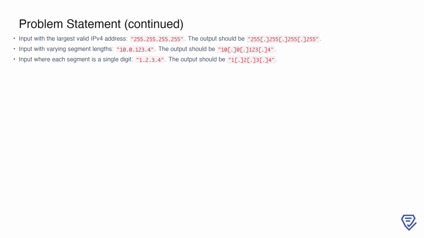We can also have inputs with varying segment lengths, such as 10.0.123.4, which transforms to 10[.]0[.]123[.]4. Finally, in cases where each segment is a single digit, like 1.2.3.4, the output would be 1[.]2[.]3[.]4. These examples demonstrate the versatility of the solution across different forms of valid input.